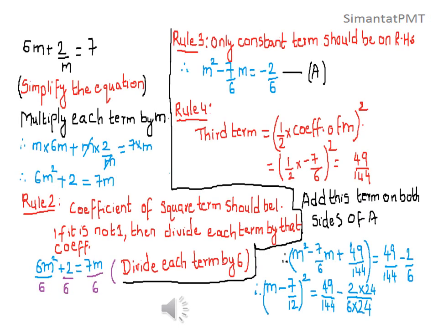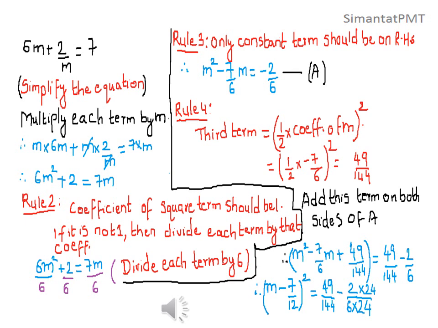Now this term has to be added on both sides of equation A. Now let us apply the steps that we studied in the earlier slide. The sum was 6m plus 2 upon m equal to 7. So we first simplify the equation completely. For that, we multiply each term by m.